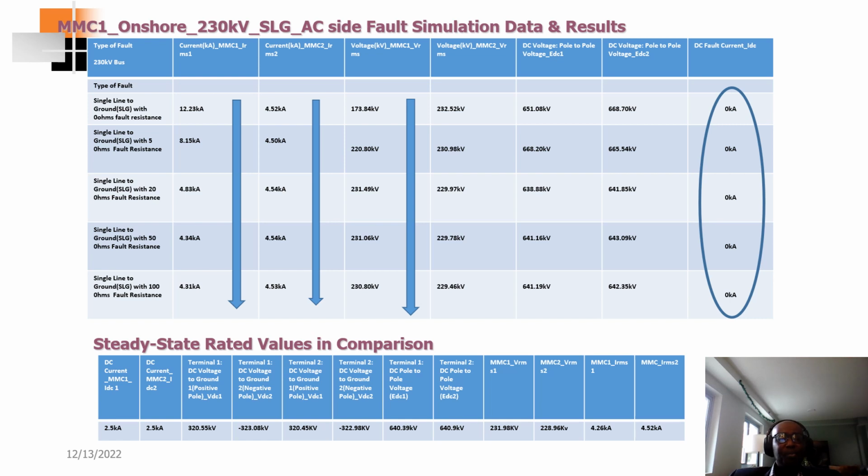This is a table of all the AC side faults that were performed, compared with steady state. You can see that there was a fault, and the fault current decreases with increasing fault resistance. The DC current is 0.